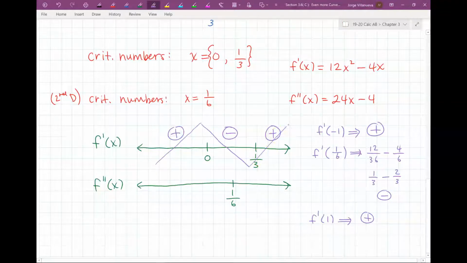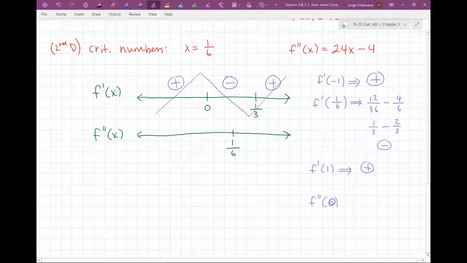Okay, so can I say that 0 is a relative maximum? Yeah. What do I call 1/3? That's a relative min, right? Now, does it change concavity? Well, we've got to check that, right? So why don't I plug in a 0 for my second derivative?